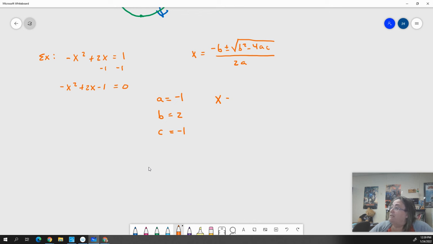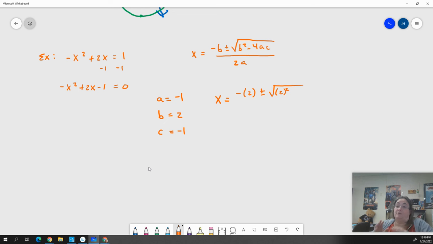So we're going to go x equals minus b. Well, that's just minus 2 plus or minus 2 squared. I get in the habit of putting anything I'm substituting in parentheses, because if I have a negative, I don't want it to look like I'm subtracting 2.